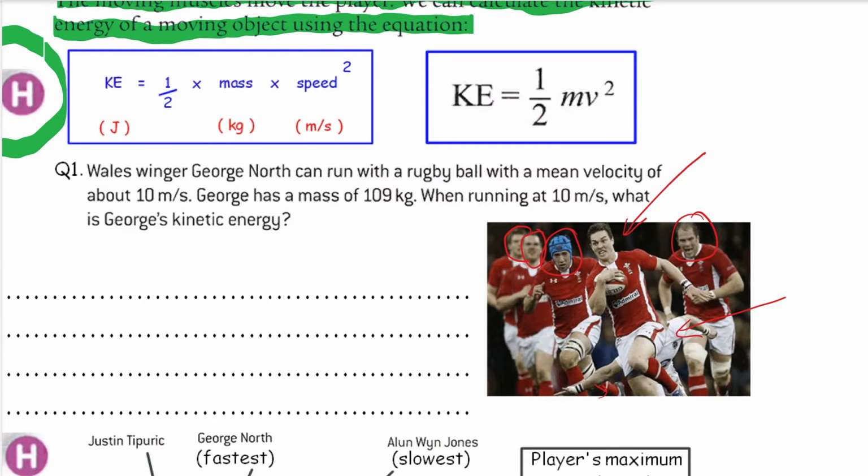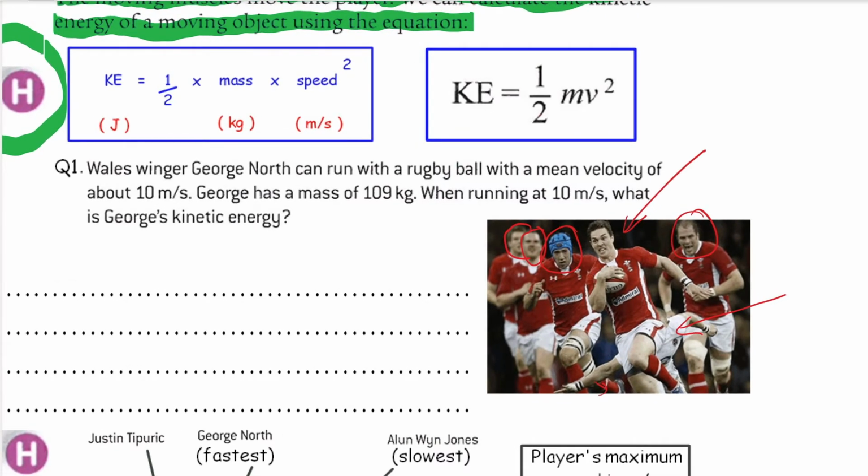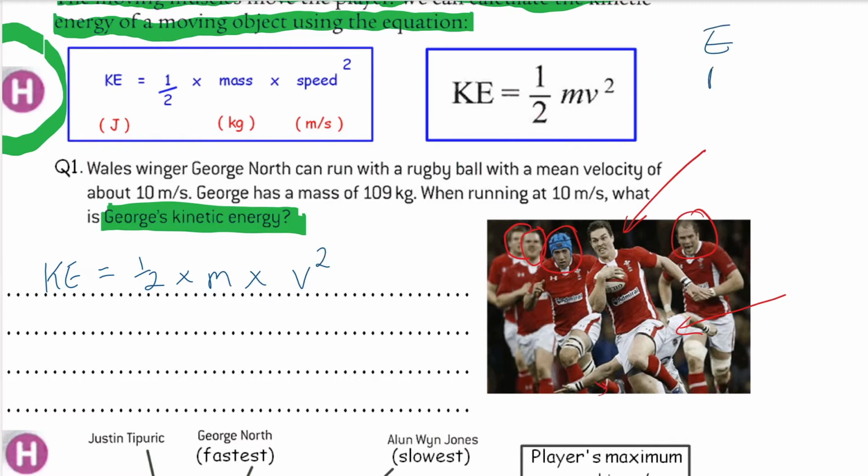Anyway, let's calculate George's kinetic energy. That's what we've been asked to do. Remember, equation, number, answer, units.